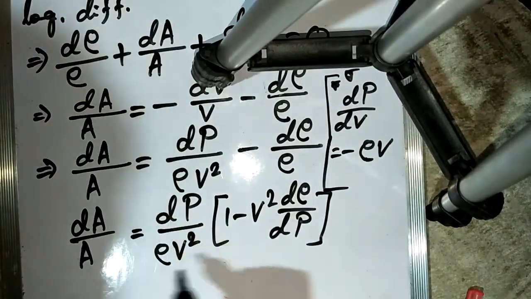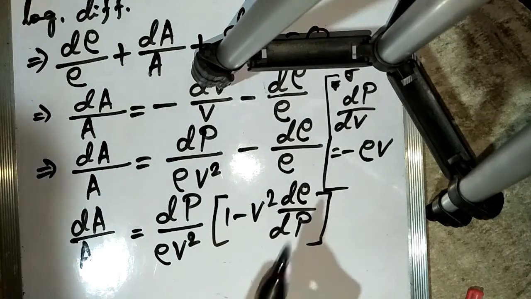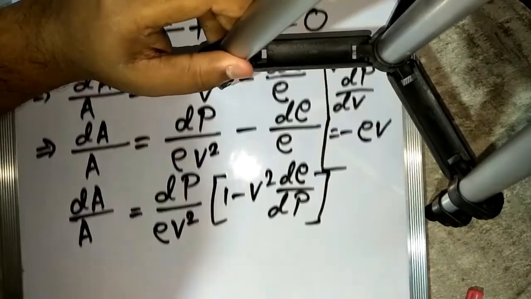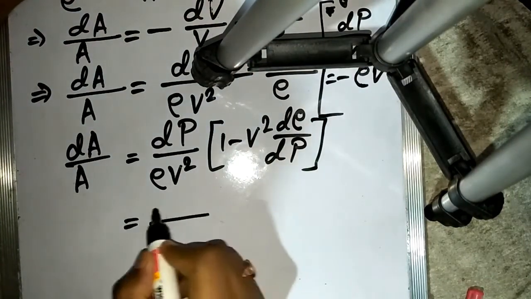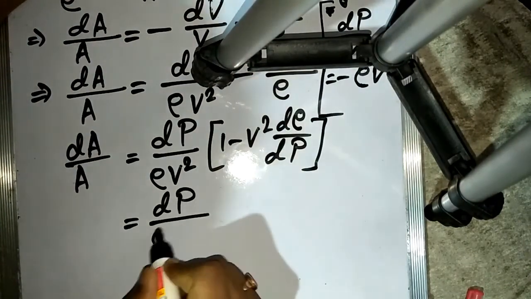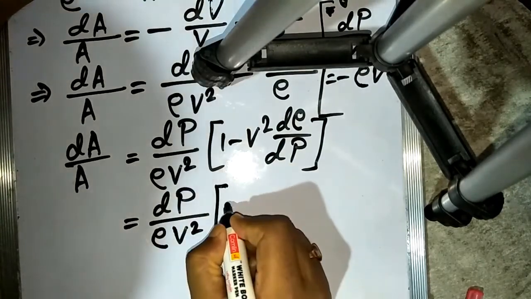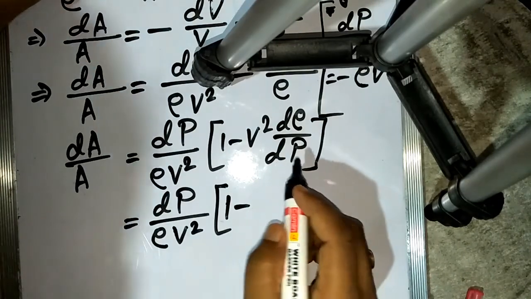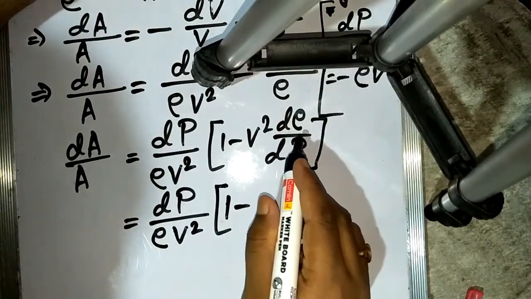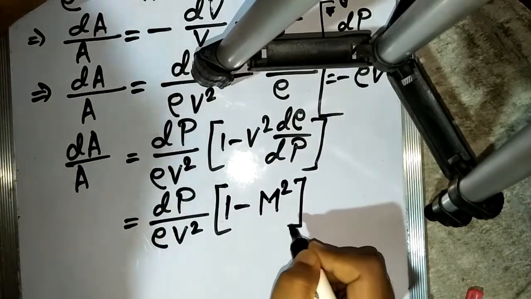And the value of V square into d rho by dP is M square, the Mach square.